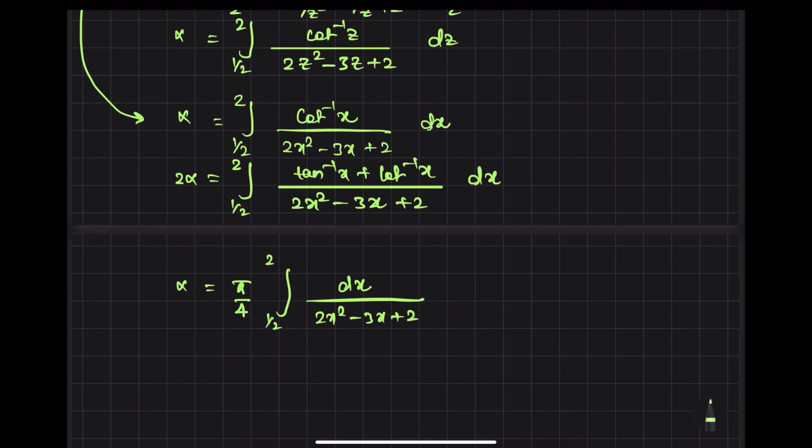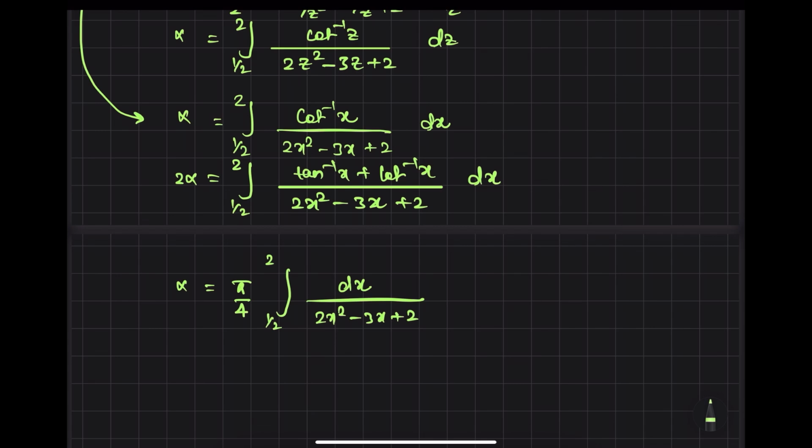Now, if you observe the denominator, we have a quadratic and you cannot factorize this quadratic. If you could factorize this quadratic, we could apply the concept of partial fractions, right? But we are not able to factorize this thing. So what will we do?